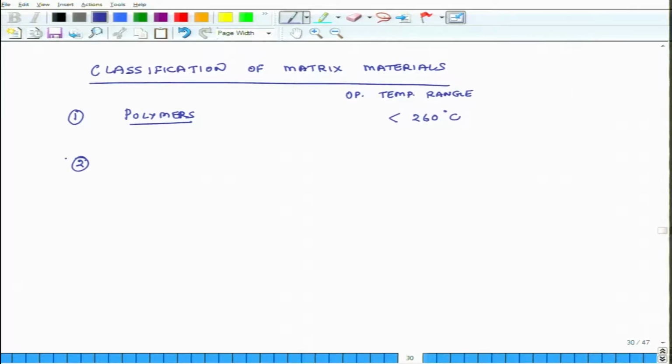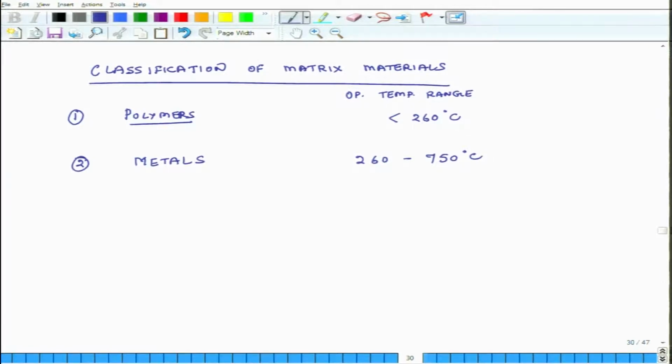Second, you can use metals as matrix materials. So, if you want to increase your operating temperature limit, the next choice is metals. Okay. Here the range is from 260 to 750 degrees centigrade.